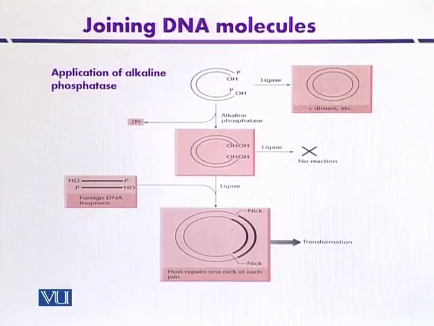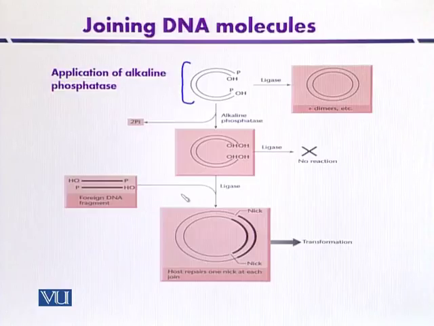So we can understand it with the help of a diagram, that is application of alkaline phosphatase to create recombinant molecule. So here we have a plasmid that is digested with some restriction enzymes like EcoR1, so that one can create sticky ends.